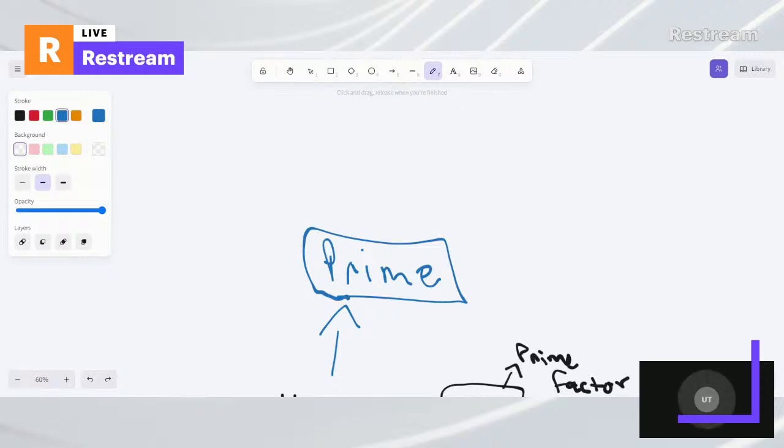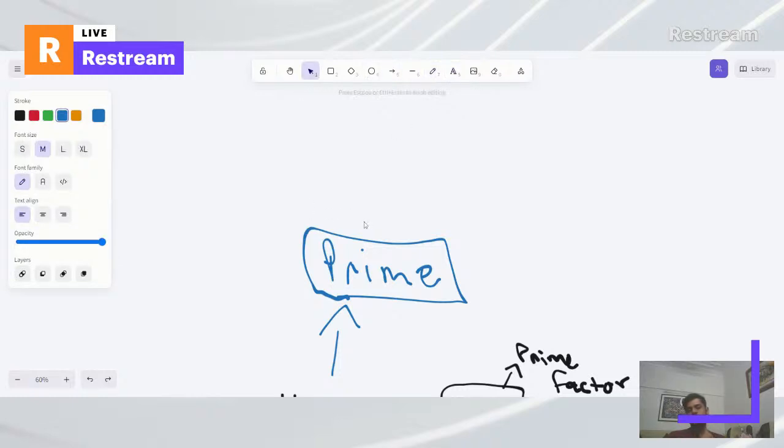So does anyone know what prime numbers are? Prime numbers are essentially numbers that can only be divided by themselves. That's partly true. That is the correct definition, with a little addition: numbers that can only be divided by themselves and one.